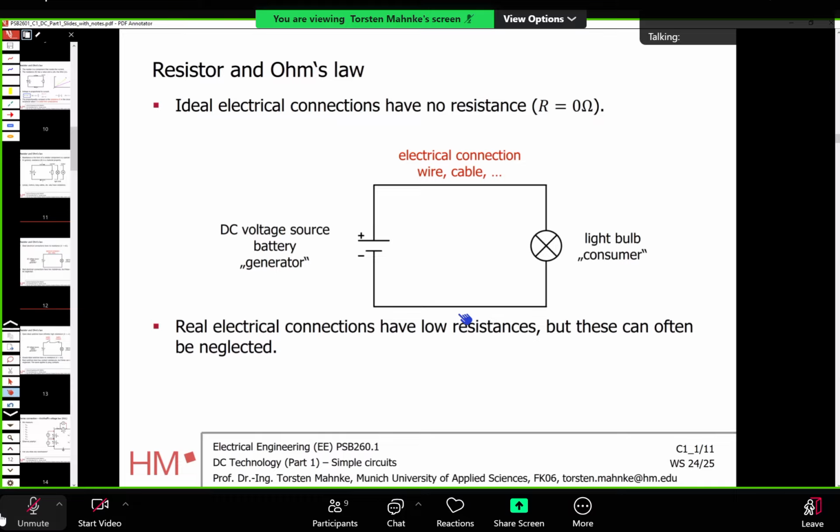If the effect of the wire resistance is significant, then we should probably just indicate the wire resistance in the circuit diagram. We could just add a resistance symbol there and say that it's like RL. No, RW. In German, I always say RL, Leitung, but in English, it would be a wire, RW.